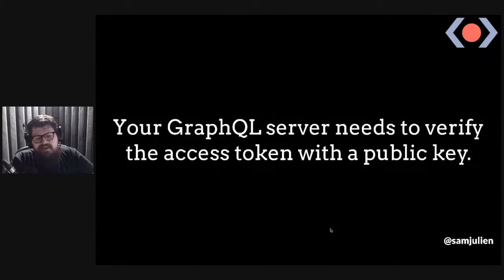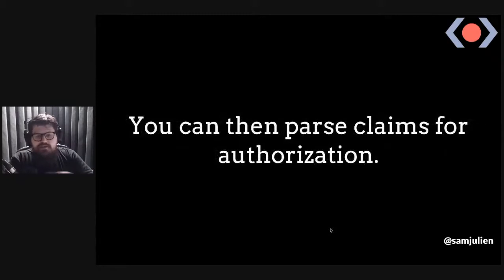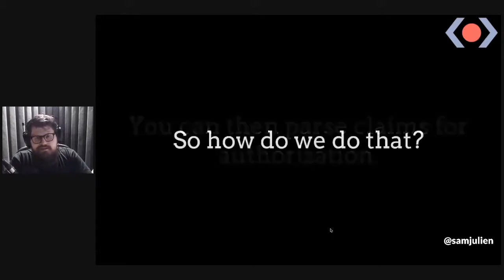It gets signed with a private key, something that only the authorization server knows. But the authorization server also has a public key that other places can use to verify it and say, oh, yep, this actually did come from this server. And then once we do that, we can parse the claims out of the token for the authorization. So that's what we need to accomplish in our GraphQL server.